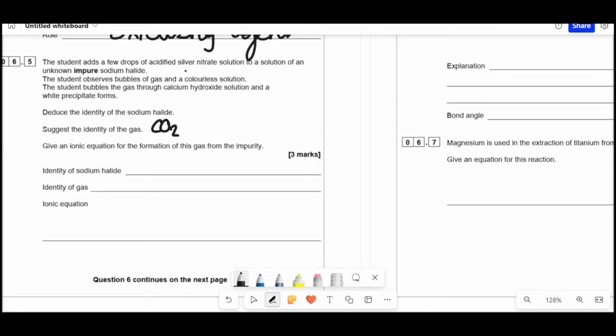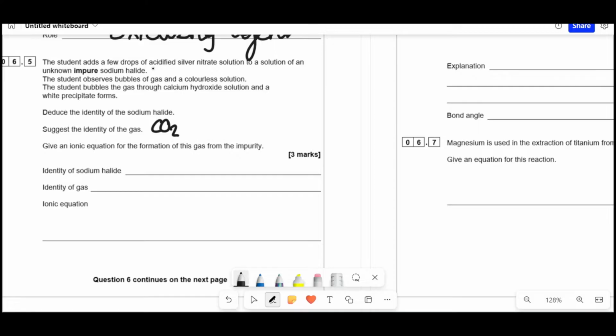So then what are we doing? We're adding silver nitrate to an impure solution of sodium halide, and then you get bubbles of gas in a colorless solution. So again, if you're adding silver nitrate to a halide, you've got to remember that you can get precipitates forming. So for example, your AgBr, AgI, and so on, and the yellow and so forth.